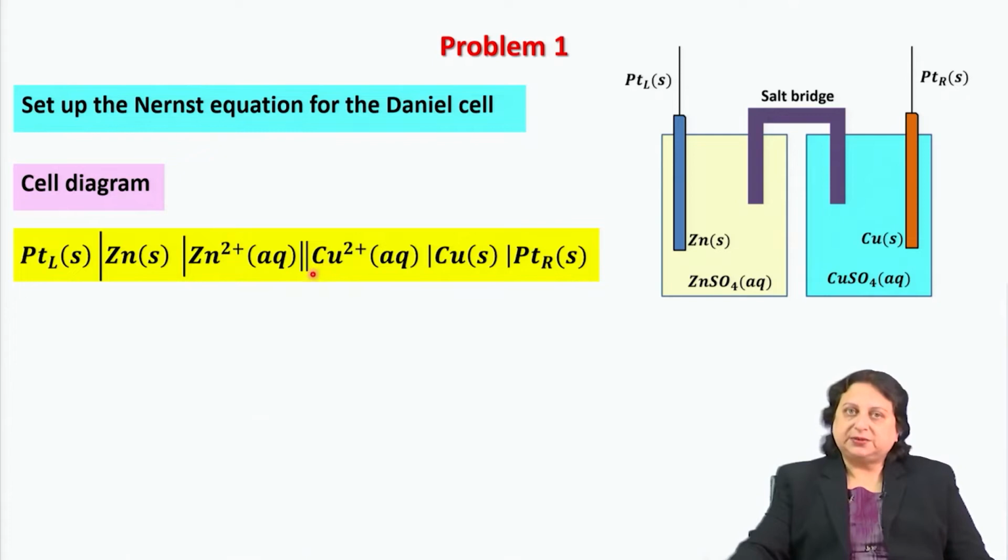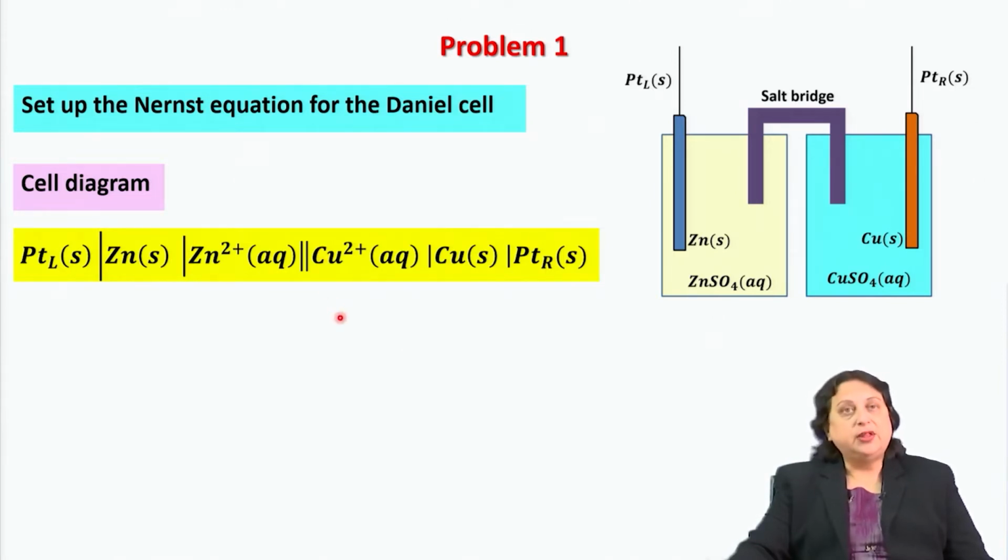Now, as discussed before, the double line over here represents the presence of the salt bridge connecting the other electrolyte solution containing aqueous copper 2+. And this is in contact with a solid copper, which in turn is connected to the right hand side platinum wire. So, this by the standard convention is the cell diagram.